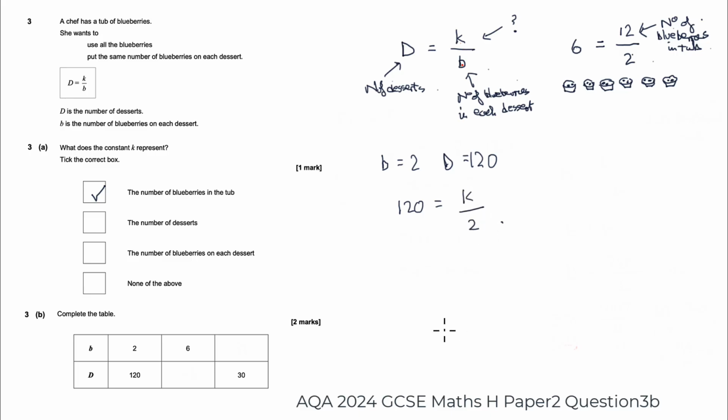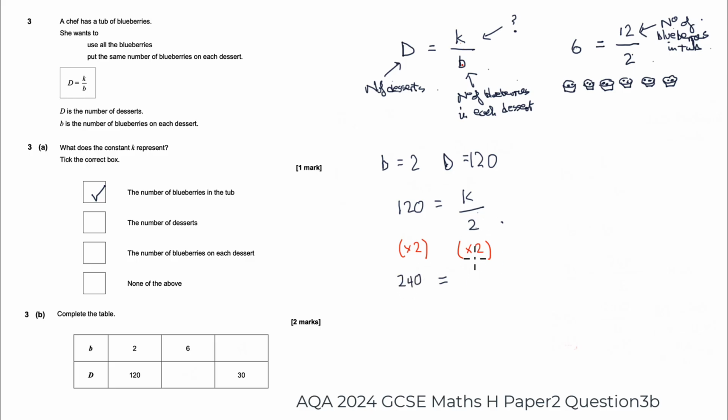Now, what can we do with that? Well, it's like an equation. Let's get rid of this divide by 2. We'd do the opposite, multiplying by 2. And of course, equations are balanced. We'd have to do the same to the left-hand side. So, to get the value of k, we multiply both sides by 2. We'll get 240 on the left.